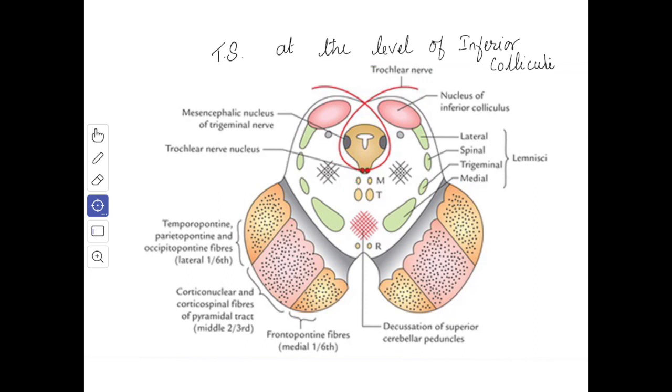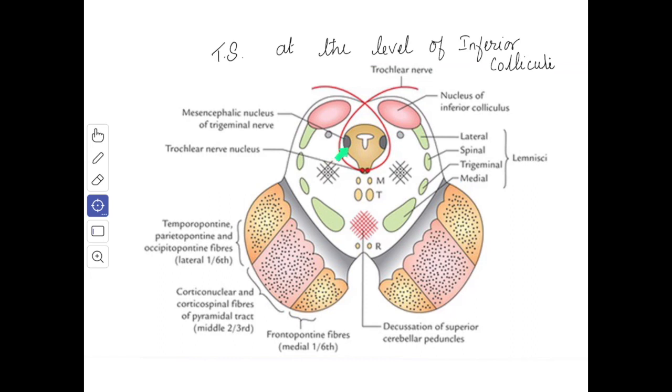The emerging fibers of the trochlear nerve pass laterally and posteriorly around the central gray matter and leave the midbrain just below the inferior colliculi. The fibers decussate in the superior medullary velum and wind around the lateral aspect of the midbrain to enter the lateral wall of the cavernous sinus.